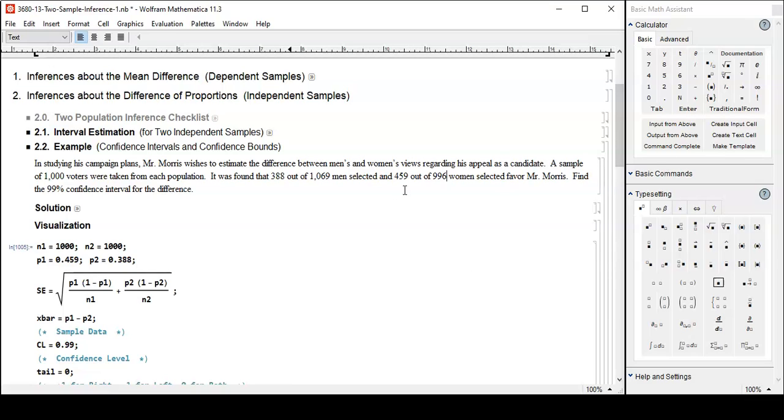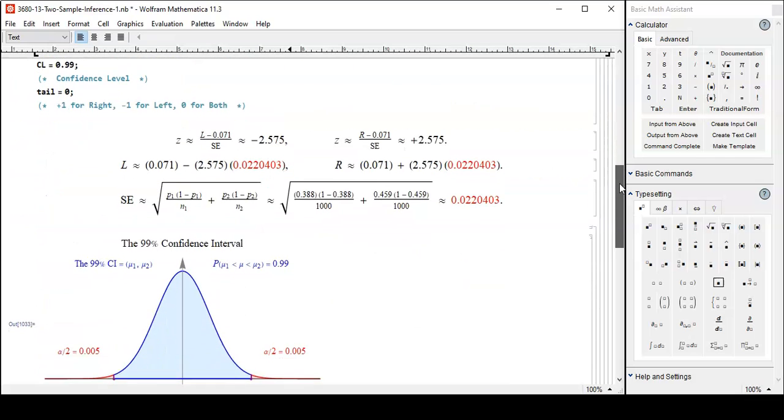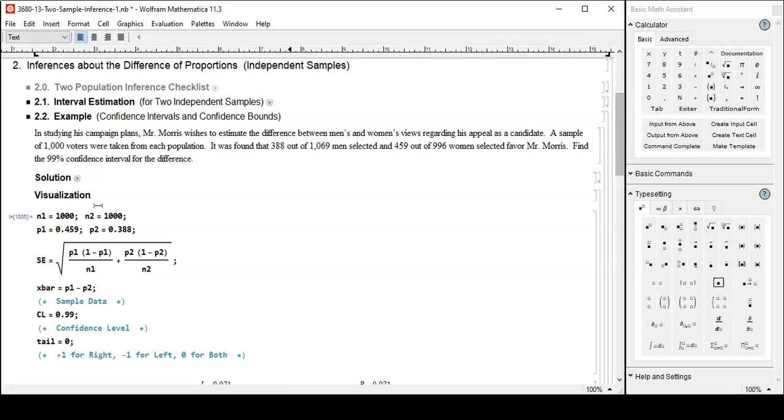Okay, that will change things a little bit, right? So the proportion will change accordingly. So, let's see, proportion. Let me change things just a little bit.